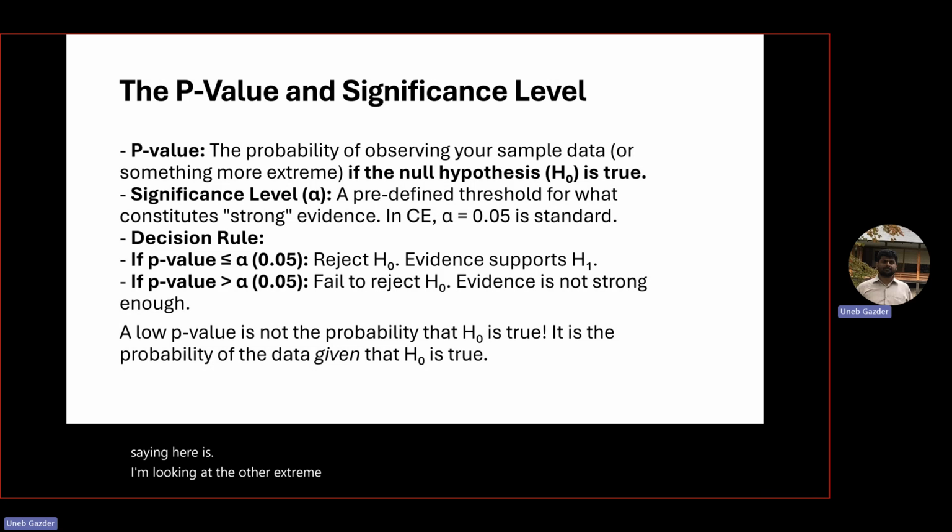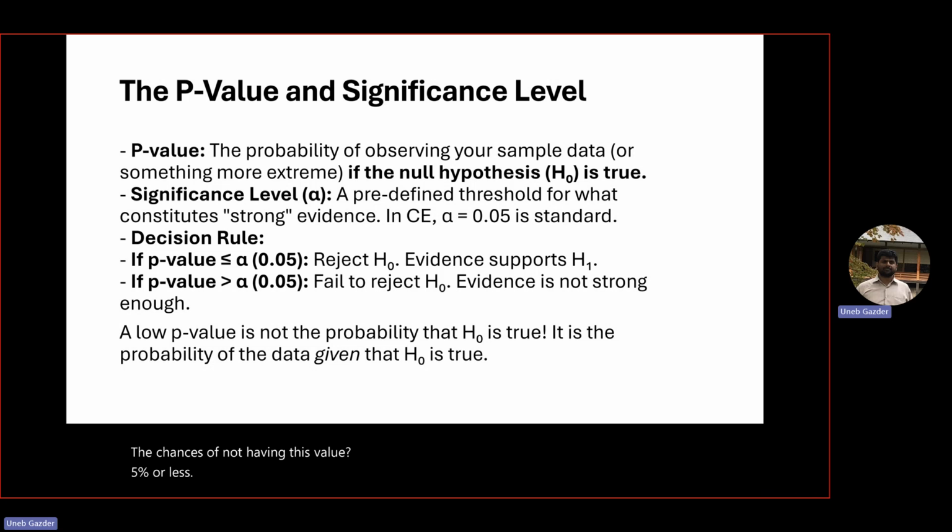If the p value is 5% or less, the chances of having this value are 5% or less.